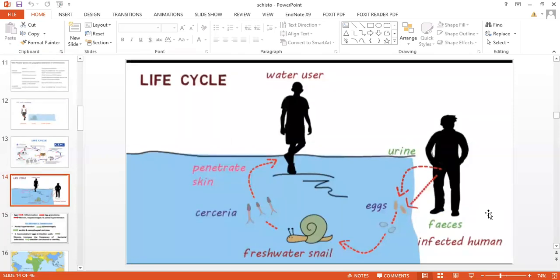Again, the simpler form: how it completes its cycle, human feces or urine, eggs released, from snail to cercaria, and penetration of the skin, and the cycle goes on like this.